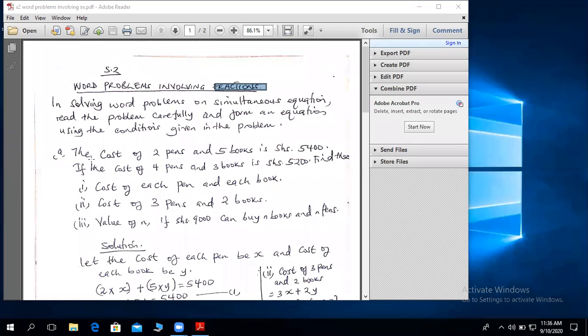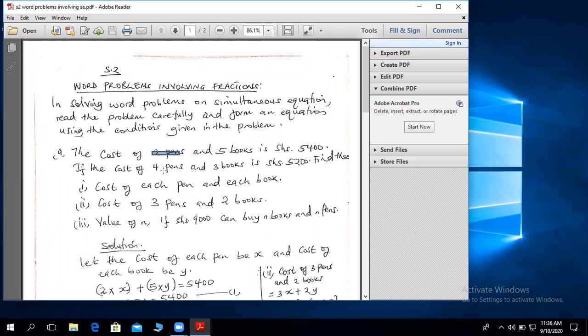Our example is here. The cost of 2 pens and 5 books is 5,400. Meaning, if someone has 5,400, he can only buy 2 pens and 5 books.